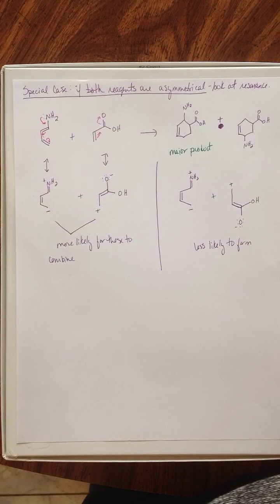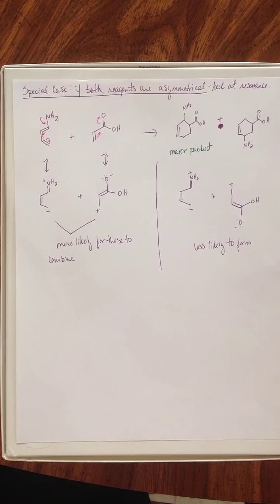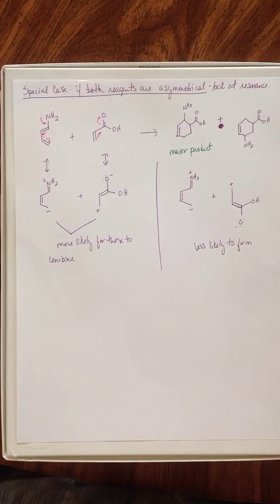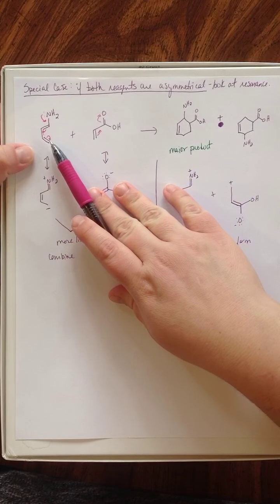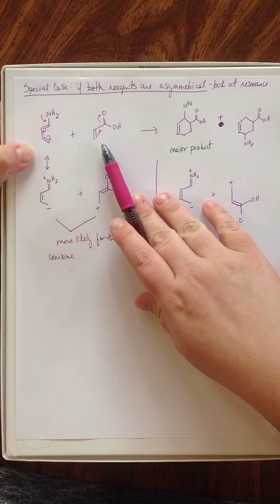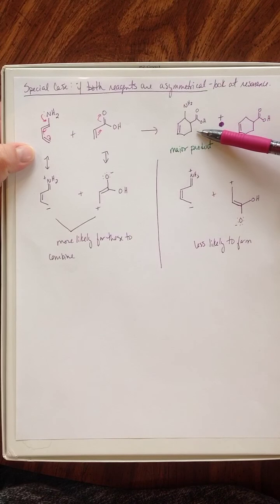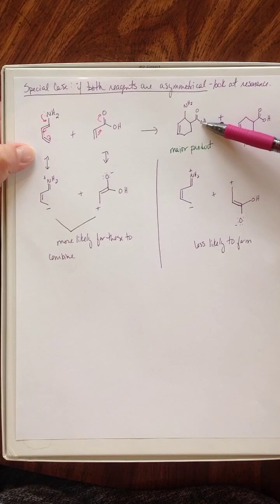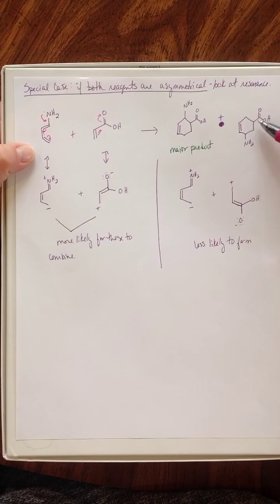Okay, there are special cases, if you look into more detail on a Diels-Alder reaction. So if we look at reacting this type of compound with this type of compound, there's two different things that could happen. You could end up with the NH and the COOH close to each other, or you could end up with them in another type of direction.